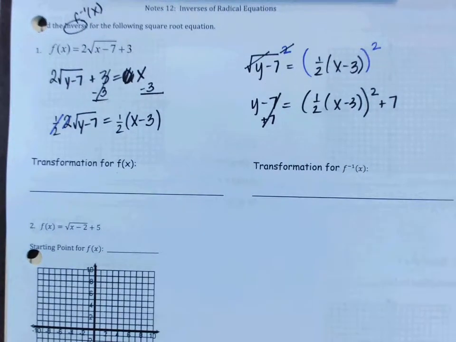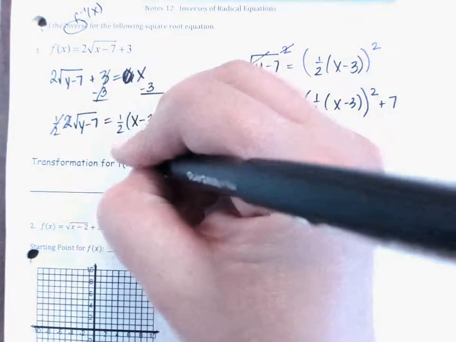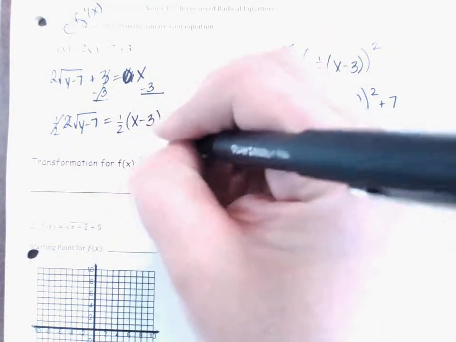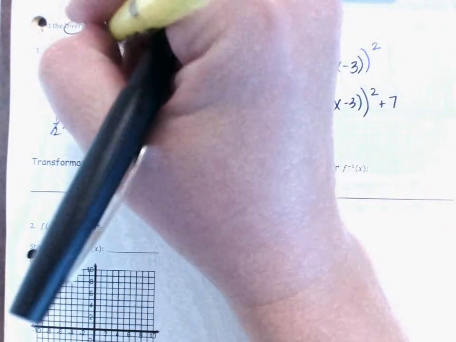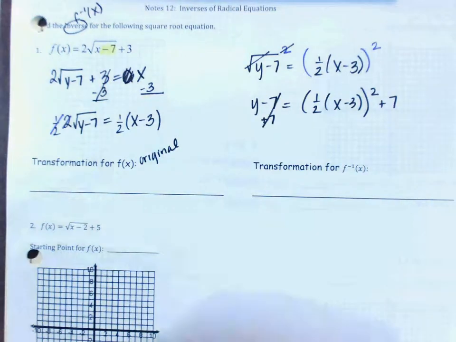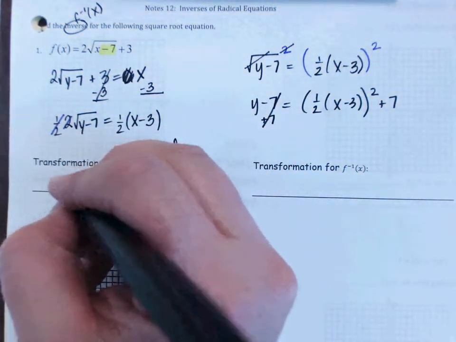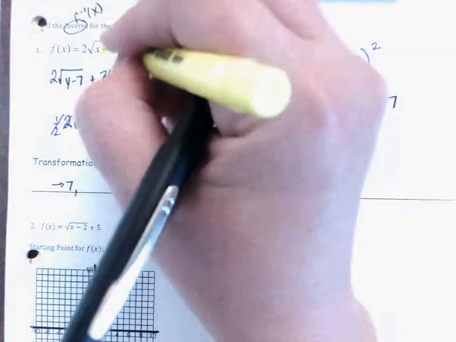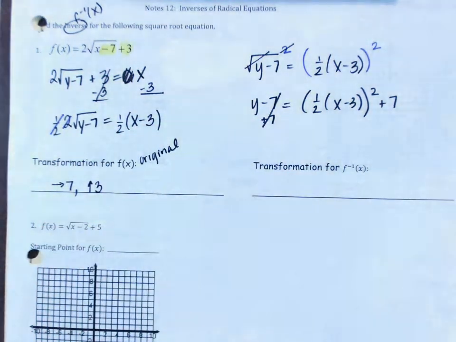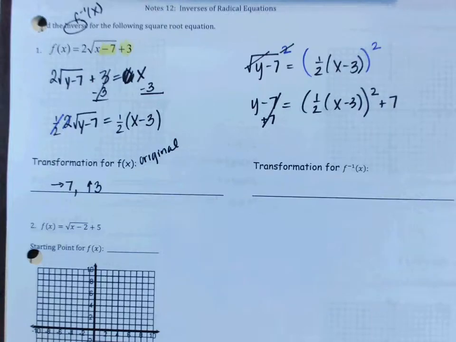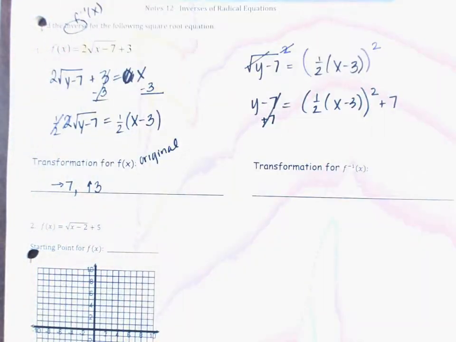Okay, let's talk about the transformations for the original and the transformations for the inverse. f of x is the original. It is the square root. Which way is it shifted with the minus 7? It's going to the right 7. And then I have a plus 3 at the back, that's going to shift it up 3. Do y'all remember what the 2 in the front does? It stretches it.